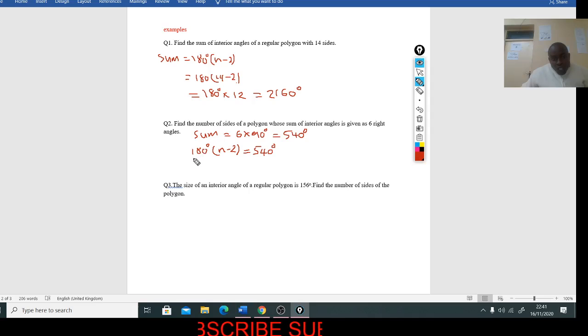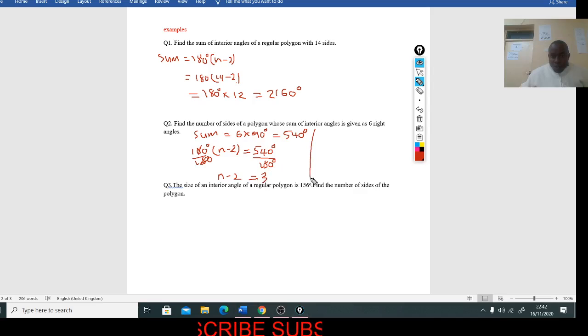Because this is a multiplication, I can divide by 180 degrees on both sides. So 180 and 180 cancel, and I remain with n minus 2 equals 540 divided by 180. Pressing your calculator, you get 3.